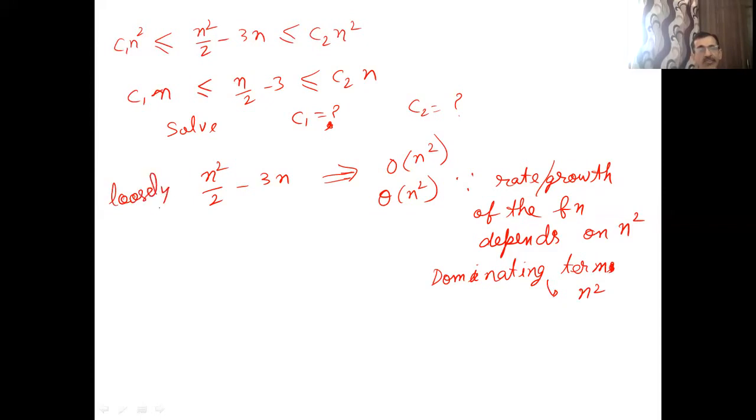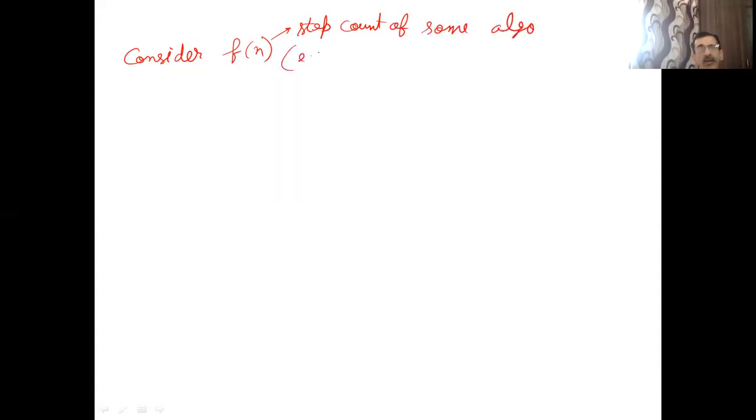Now mathematically we will define formally the same thing. Knowing this example, I will give it as a total definition. I will say consider some function f(n) which tells the step count of some algorithm. For example, we have taken n square by 2 minus 3n.